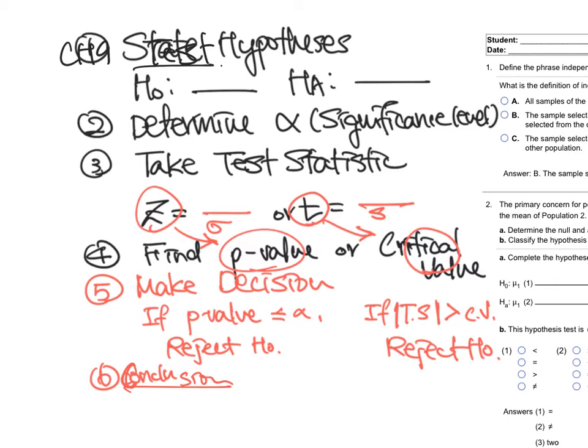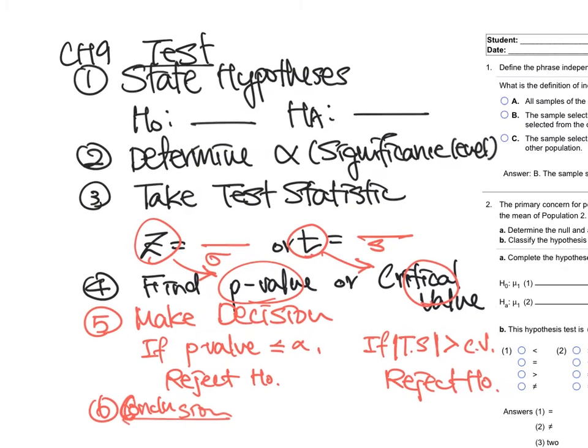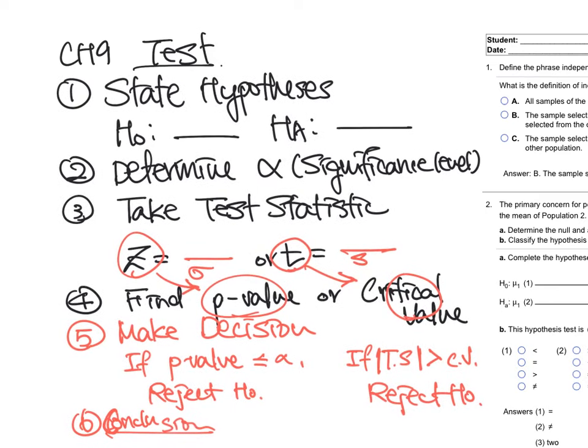Okay, so by the 6 steps, we did the hypothesis test, but before we had only one sample. One population and one sample.